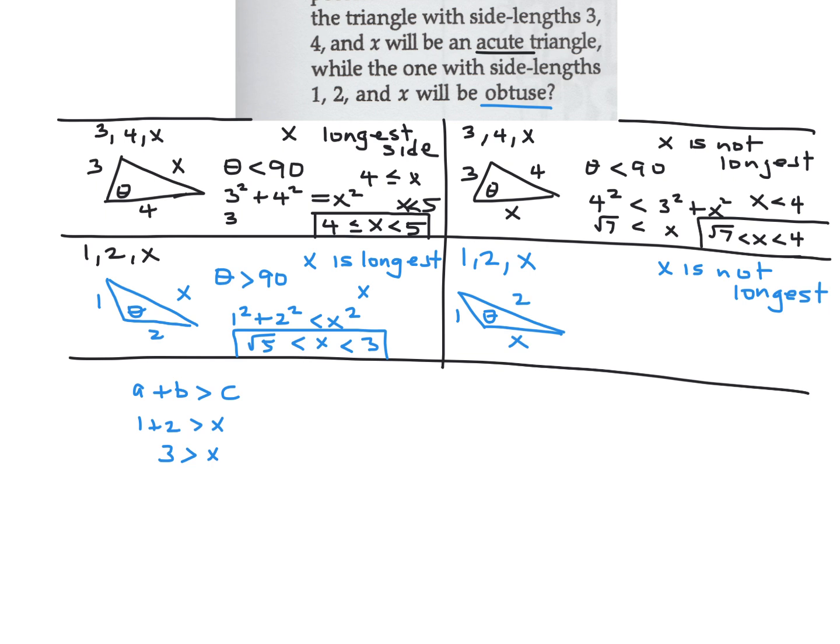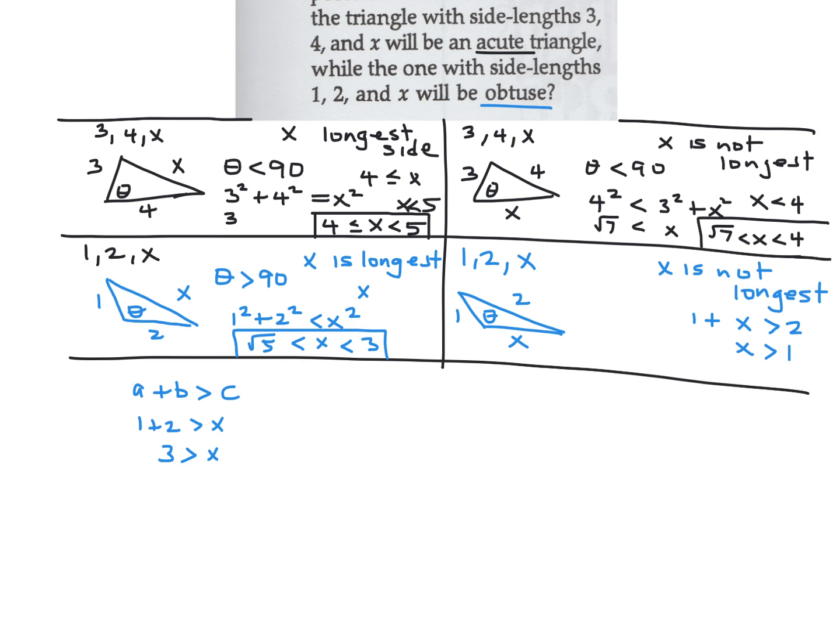So x is, in this case, the middle value. Let's just use the triangle inequality. 1 plus x has to be greater than 2. So that means x has to be greater than 1.